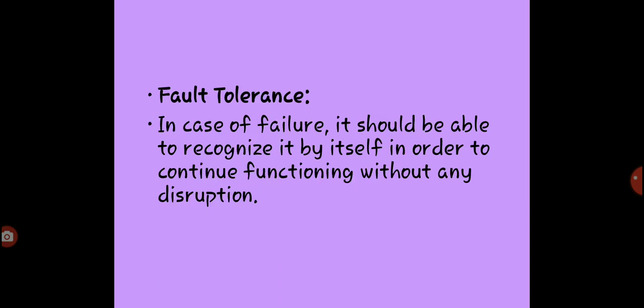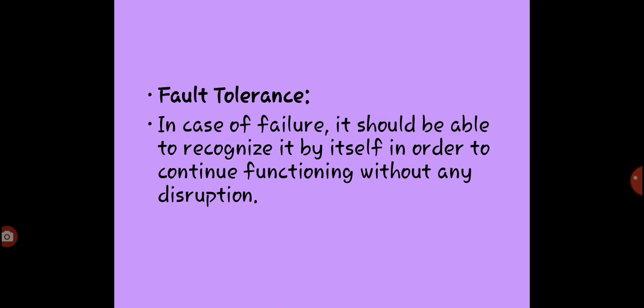The fourth one is fault tolerance. If any disturbance or failure happens, the process should be able to recognize it by itself, and it should not be disturbed in its execution.